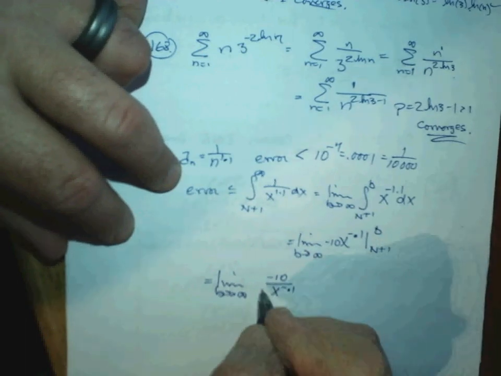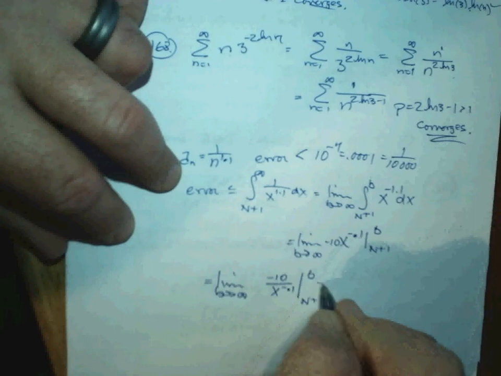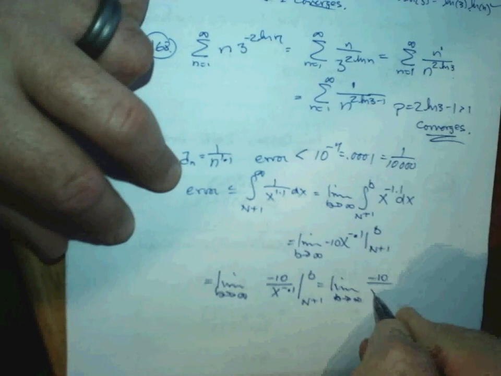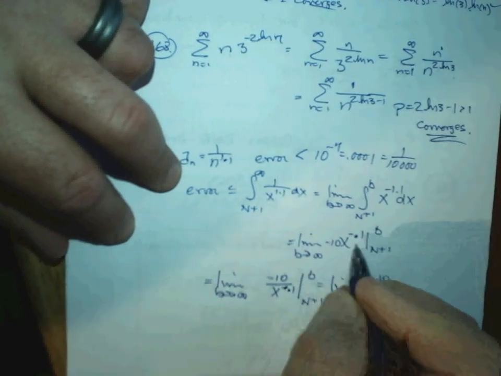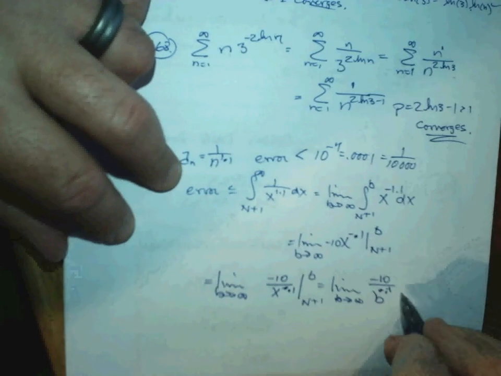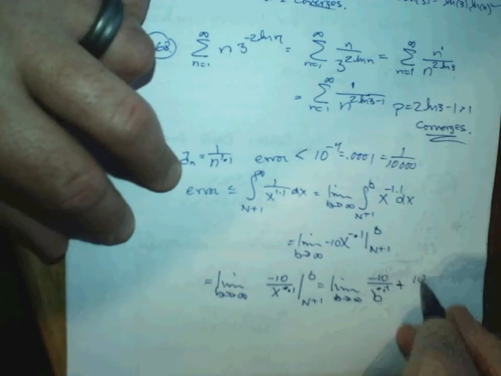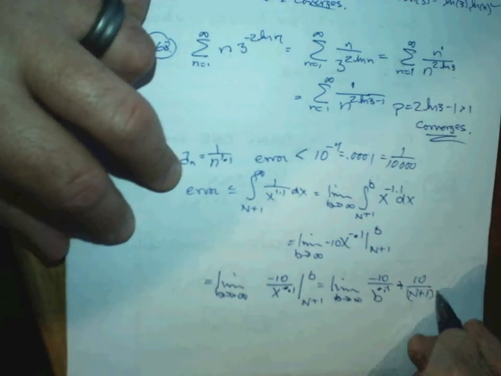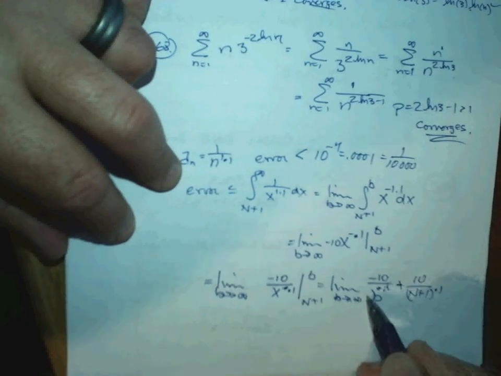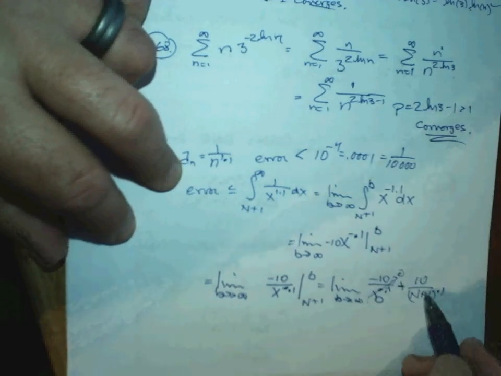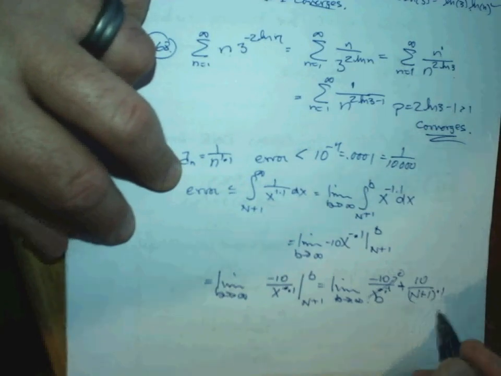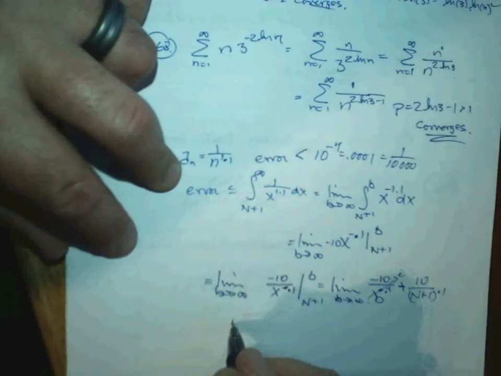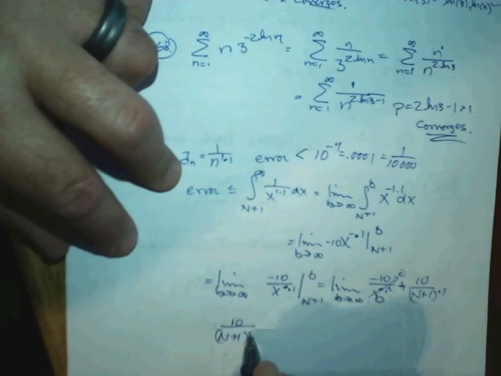The limit, as b goes to infinity, of negative 10 x to the negative 0.1 from n plus 1 to b, negative 10 over b to the positive 0.1 when I brought that into the denominator, sorry. Minus a negative becomes plus 10 over n plus 1 to the 0.1. As b goes to infinity, this goes to 0, and so you're left with 10 over n plus 1 to the 0.1 power.